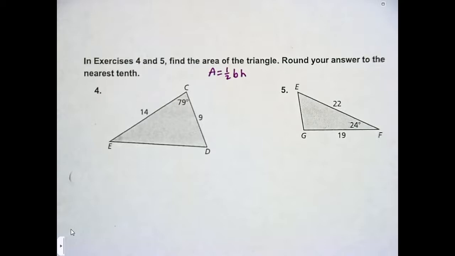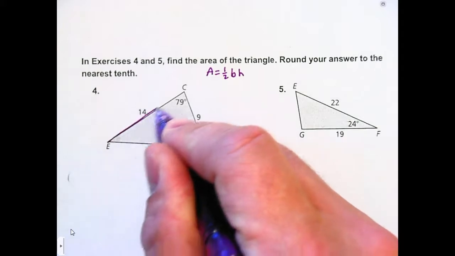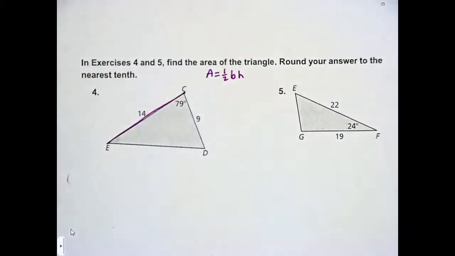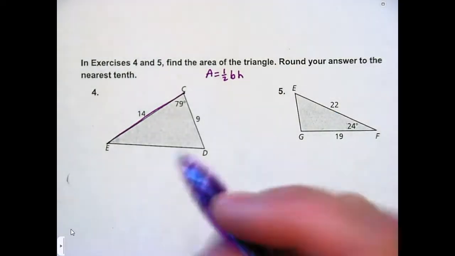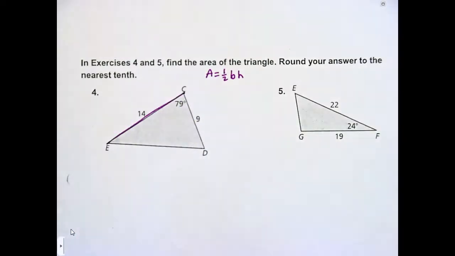So we could technically say that this is our base. However, we would need to know our height then, right? A height would go down from one side and intersect the base at a right angle, or go from one angle and intersect at a right angle.